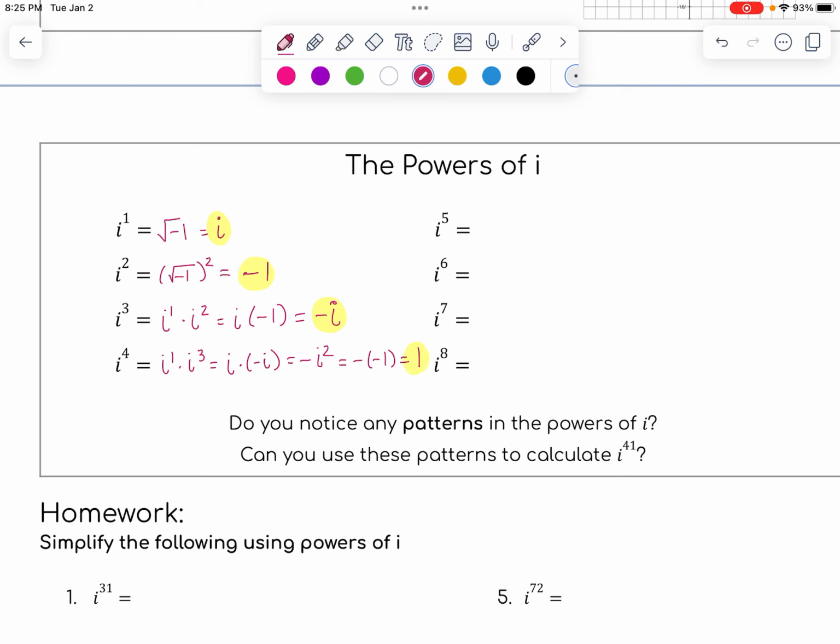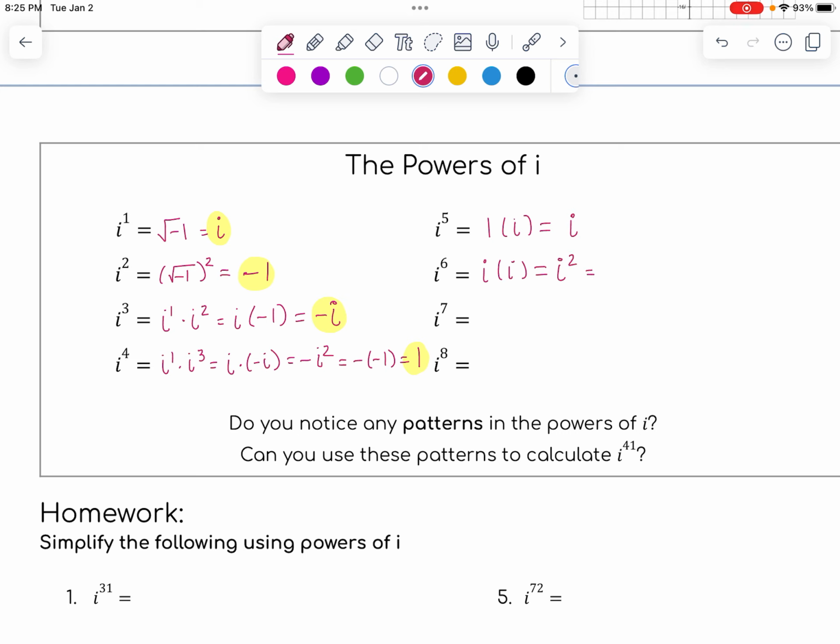Take a second, use the same ideas to try to fill in i to the fifth, i to the sixth, i to the seventh, and i to the eighth. So as you're going through this, i to the fifth would be like i to the fourth times another i. So that would be 1 times i, which is just i. And i to the sixth would be i to the fifth times another i, so that would be i times i, which is i squared.